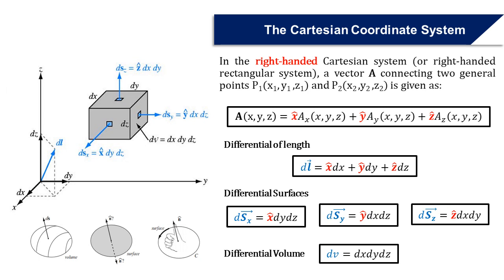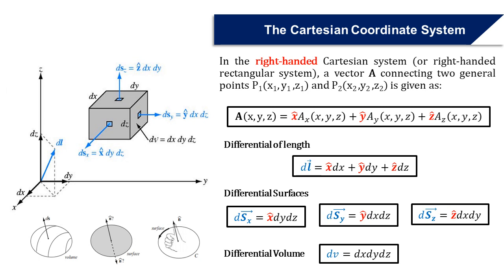Right? So, meron tayong 2 points. Pwede nating i-generalize yung vector A na yon as a function of x, y, and z. It is equal to the summation ng mga components niya sa reference axis natin. Mga unit vectors in the reference axis.